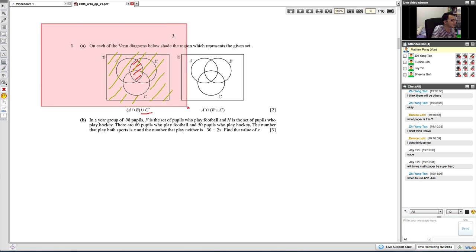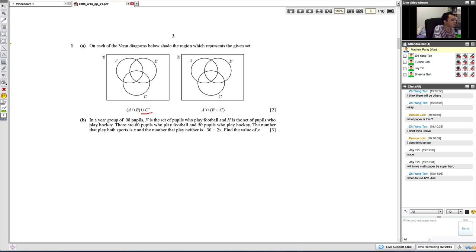If I only shade the final answer, I will shade everything except the part I didn't shade just now. I will shade everything here. Okay, this is the correct answer for A intersect B, union C complement. This one should be very easy.